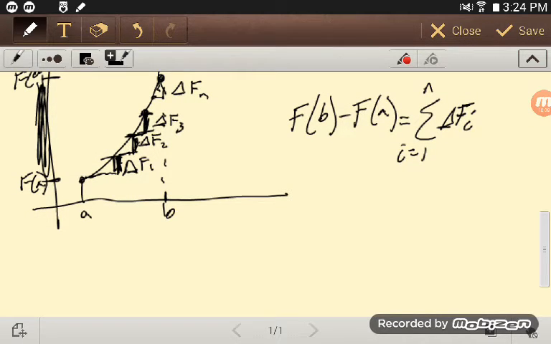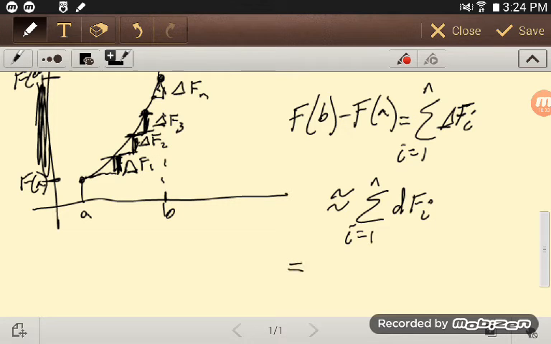And so we can call it that delta fi. But you see, if I make n large enough and so forth, this is very closely approximated by the sum, i equals 1 to n, of dfi, the differential.